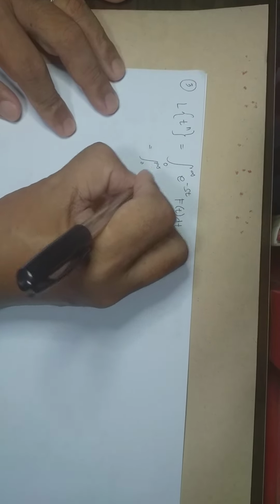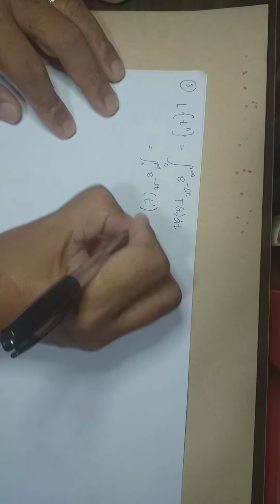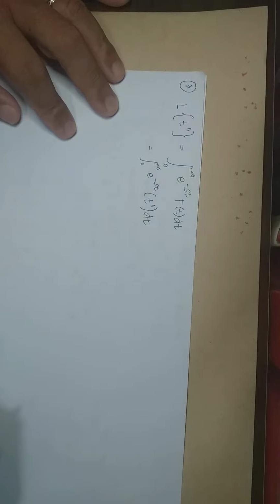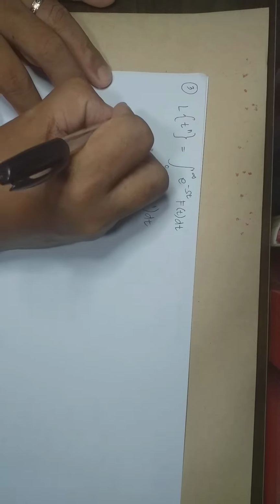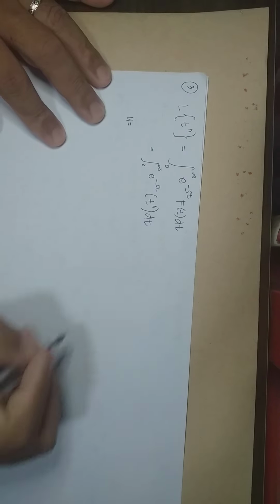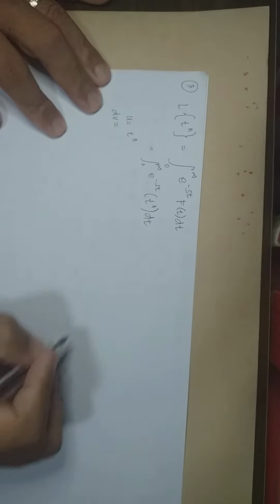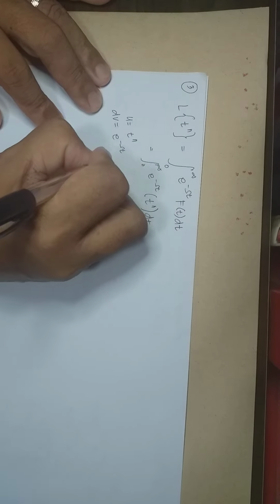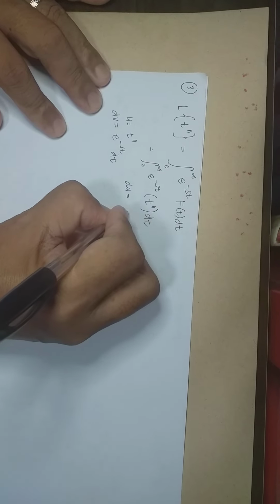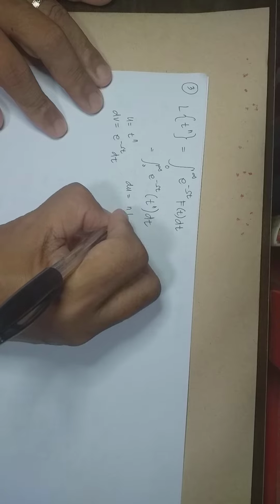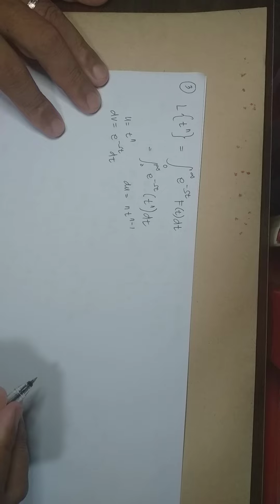So from 0 to infinity, e to the negative st times t raised to n dt. Again, by integration by parts, we have to let u be equal to t raised to n and dv be equal to e to the negative st dt. Your du is equal to n t raised to n minus 1.